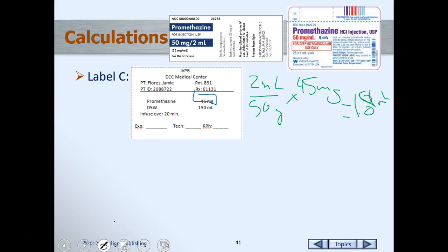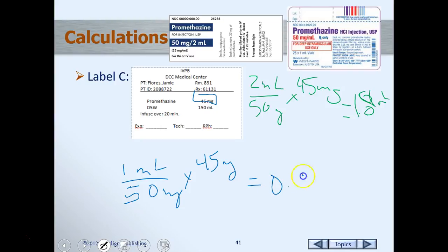Then we have 1 milliliter over 50 milligrams. And what syringe would we use? Again, that would be the 3 milliliter syringe.